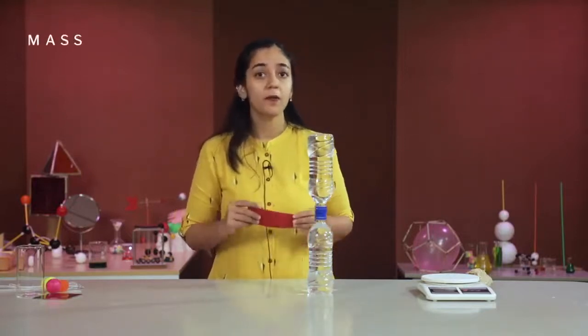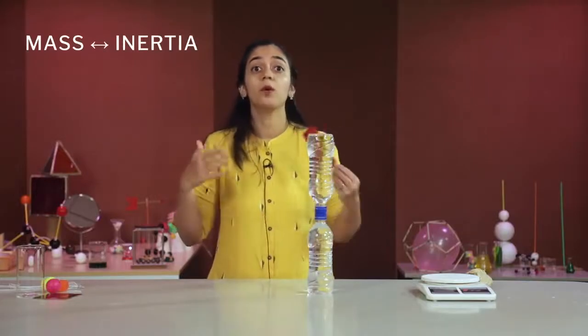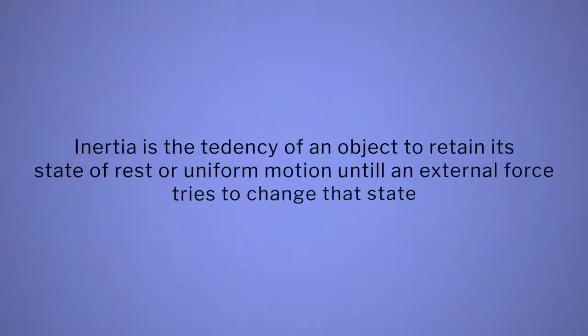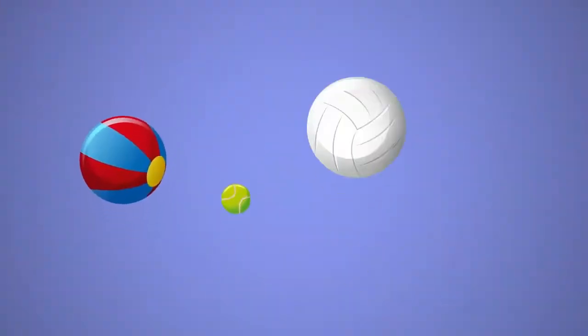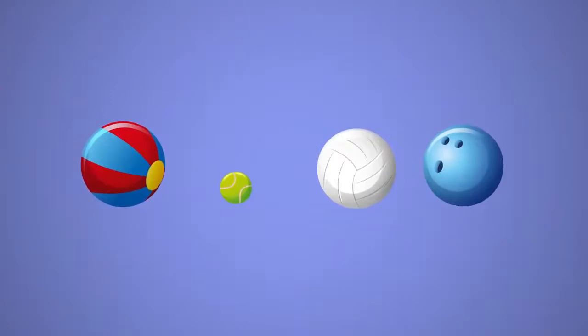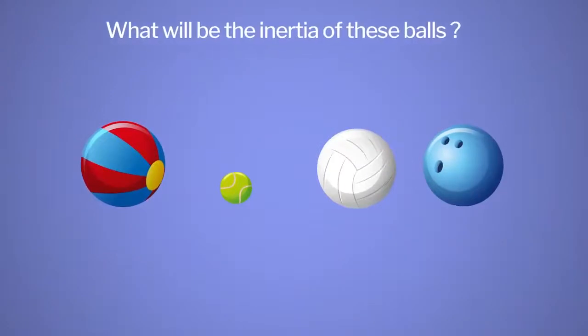According to Newton, the more the mass, the more will be the inertia. Inertia is the tendency of an object to retain its state of rest or uniform motion until something external tries to change that state. When we flick the strip, it fell down in motion while the bottles remained at rest. Here we have different types of balls. Can you tell what will be the inertia of these balls?